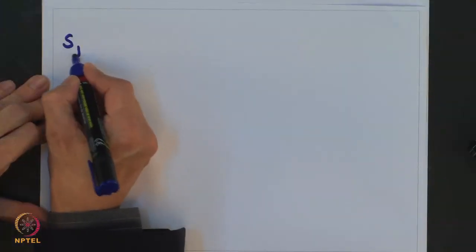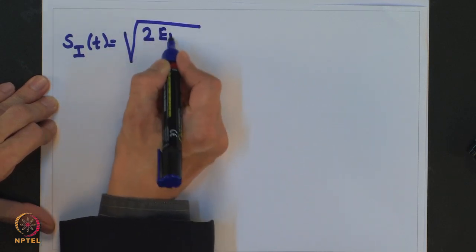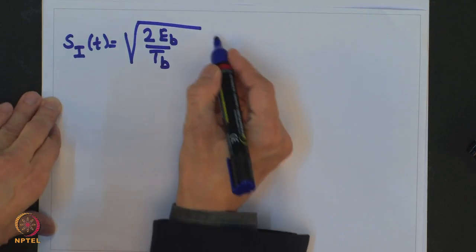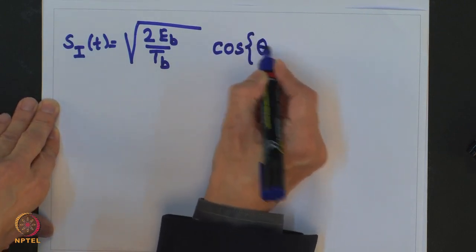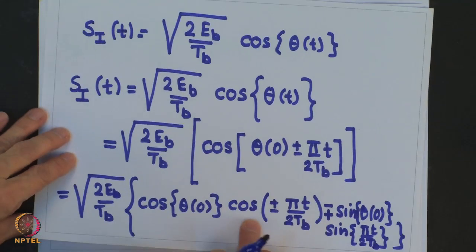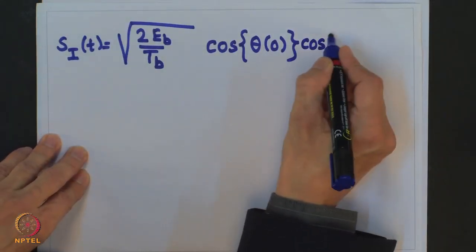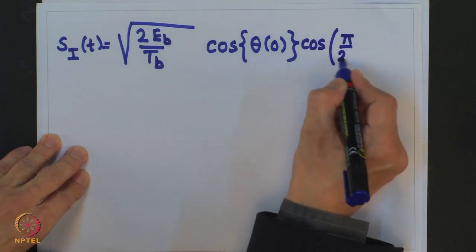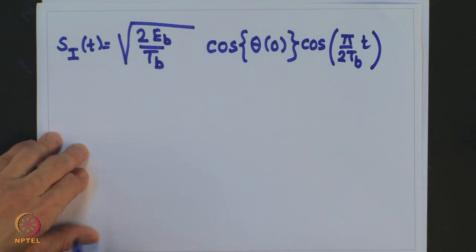So, what we will get from here is my s_I(t) is going to be of the form root 2 Eb by Tb cos theta(0). Cos is an even function. So, this I will get as cos of pi t by 2Tb. Correct?